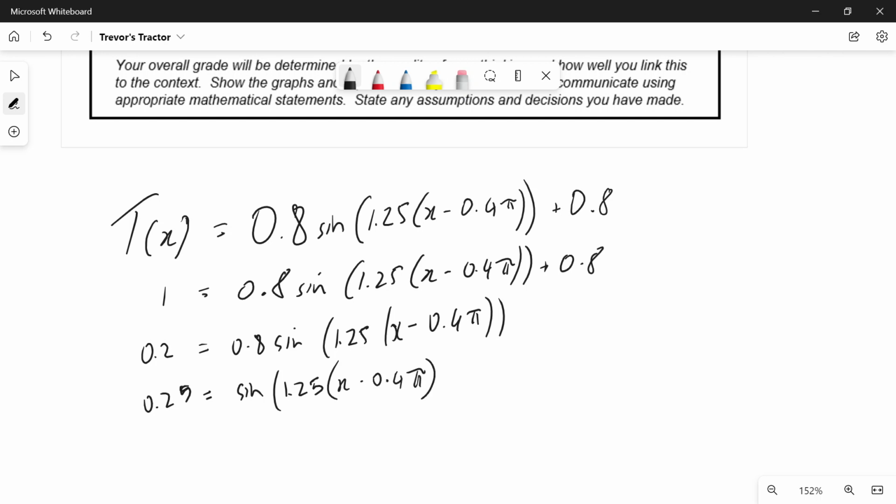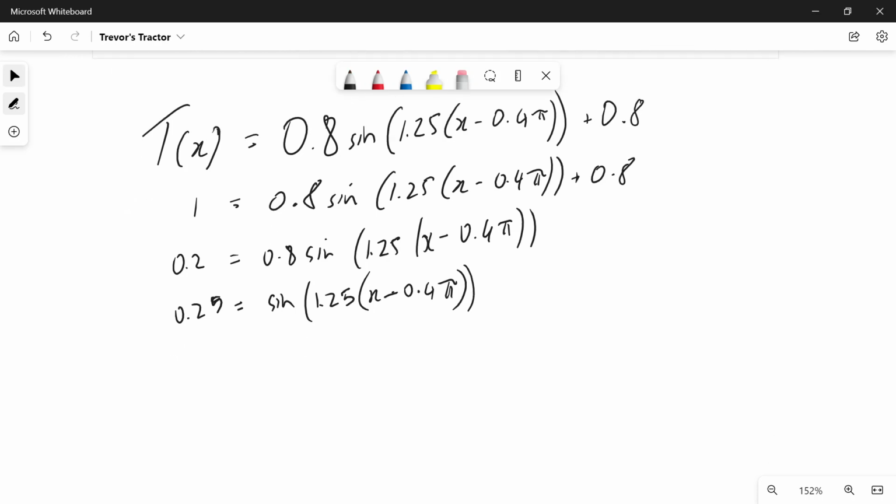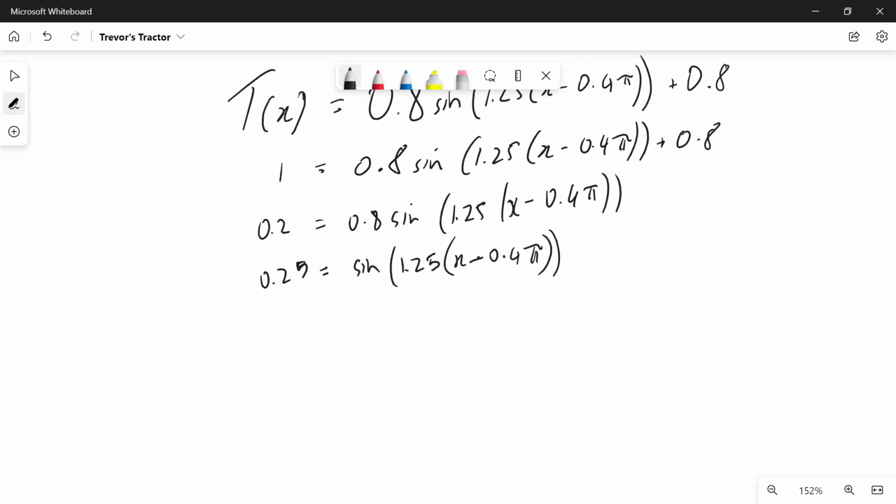Sorry guys, something's weird with my mouse today. So, now to solve this general solution, we could solve it just normally, but we should get a general solution. But you go sine inverse of this side equals 1.25 x minus 0.4 pi.